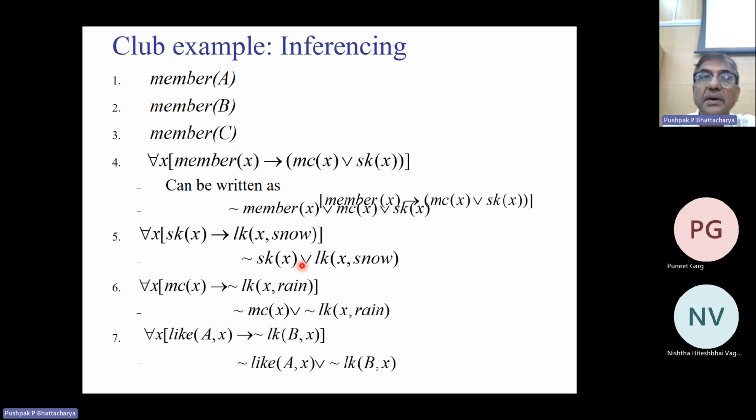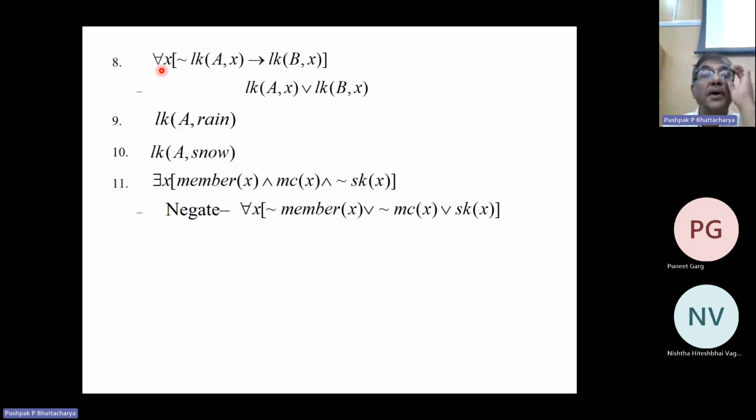These are called clauses. For all x, MC(x) implies not like(x, rain) is written as not MC(x) or not like(x, rain). For all x, like(A, x) implies not like(B, x) is written as not like(A, x) or not like(B, x). For all x, not like(A, x) implies like(B, x) is written as like(A, x) or like(B, x).